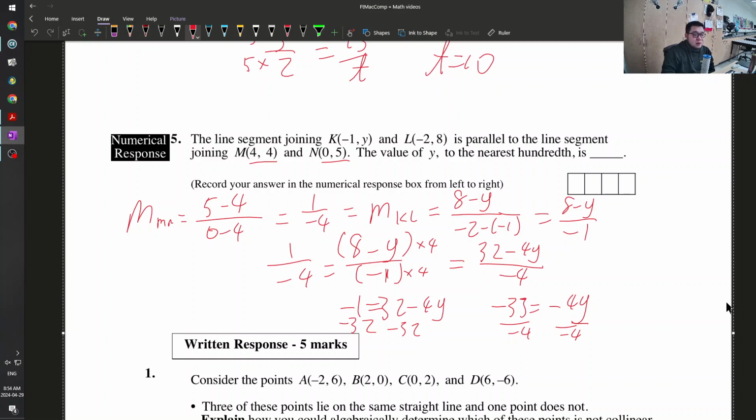Okay, 8 minus y, negative 2 minus negative 1 is negative 2 plus 1, so that's negative 1.